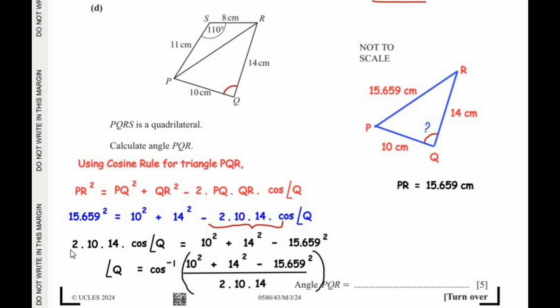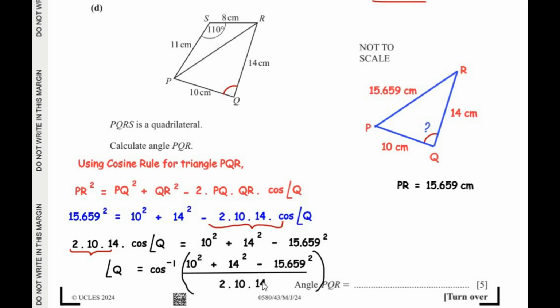Now I'm going to take 2 times 10 times 14 on the other side of the equal sign, so that it divides the right hand side, and then I'm going to transfer the cos to the other side, so that you get angle Q is equal to cos inverse of 10 squared plus 14 squared minus 15.659 squared over 2 times 10 times 14.